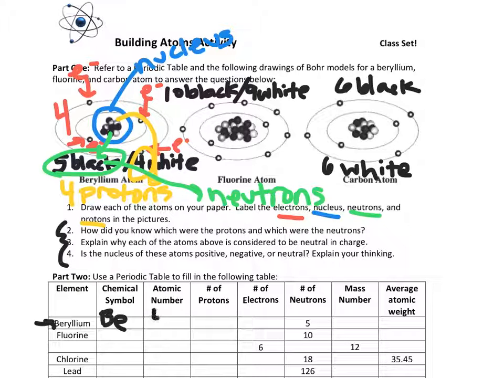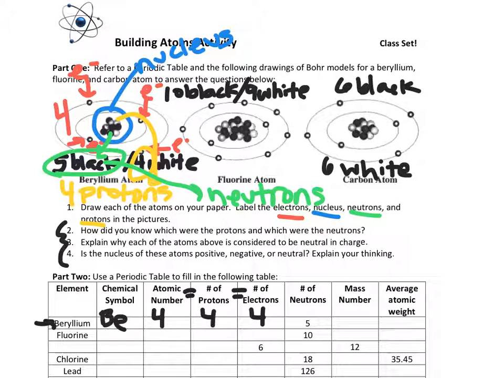For beryllium, it's 4. That atomic number is equal to the number of protons in an atom of beryllium. So the atomic number is 4. That means there's 4 protons. And remember from our gizmo that the number of protons must equal the number of electrons in a neutral beryllium atom. And we're assuming that all of these are neutral. So that means there's 4 electrons in beryllium as well.